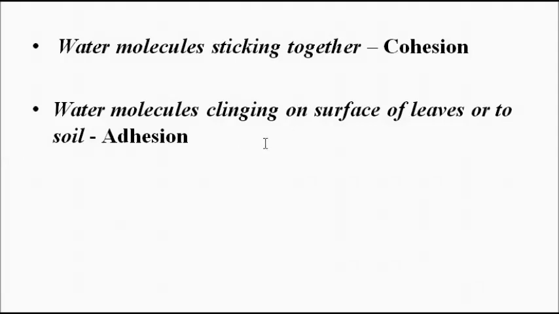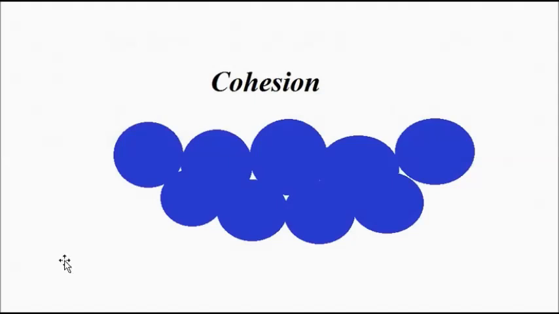Or the water droplets sticking to soil, that is because of the force of adhesion. So whenever any liquid comes in contact with some other solid surface and clings on to it, that is because of the force of adhesion. The stronger the force of adhesion, the more will be the clinging. So, cohesion and adhesion.